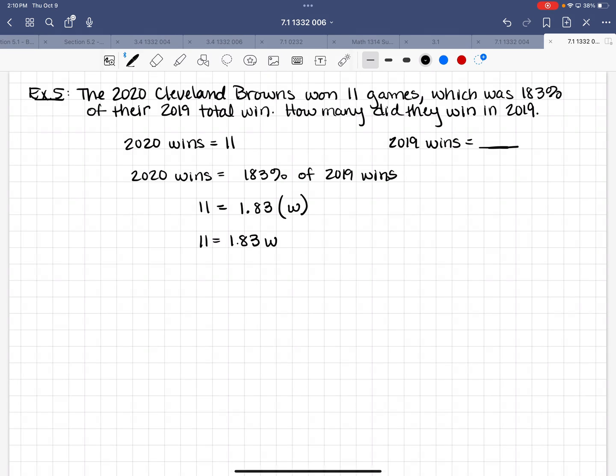Divide both sides by 1.83. That's what we want to get rid of. We want the wins alone. So I'll use my calculator, 11 divided by 1.83, and I get 6.01 equals W. We're talking about the number of wins. We can't win 100th of a game. So the 2019 wins is approximately 6.